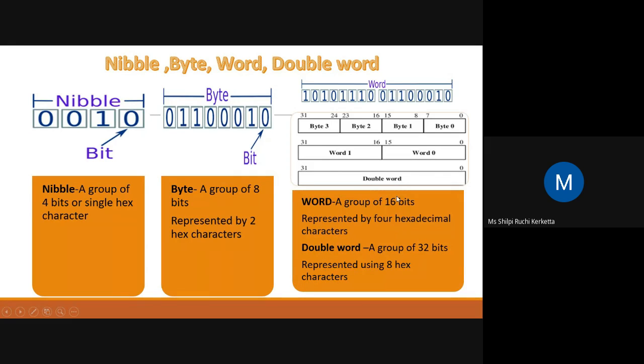Because a word is 16 bits, if we double it, we say it is a double word. It is a group of 32 bits, or 8 hex characters. So you can represent it in terms of bits or in hexadecimal. You can write both in the definition.